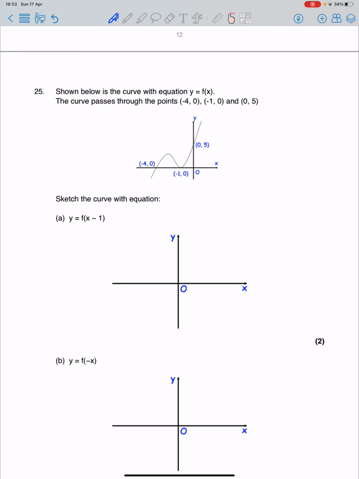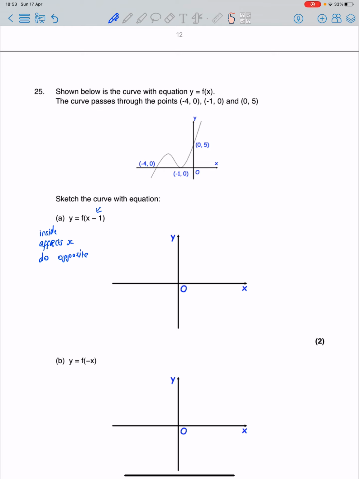Okay, so when you have f of x minus 1 like this, it is inside the bracket. Inside it affects x, so we do the opposite. So here it says minus 1, so instead we do plus 1.